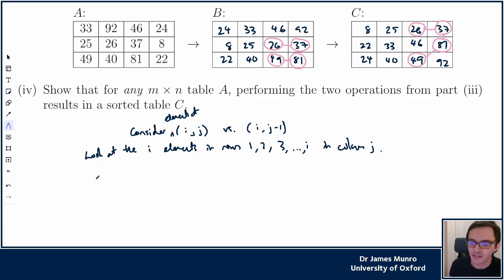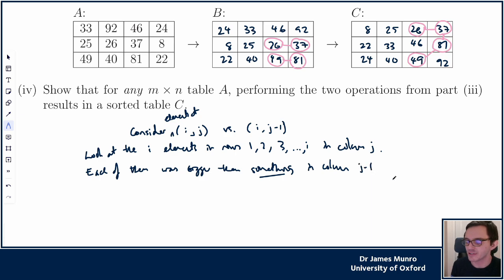Those i things, each of them was bigger than something, I'm not sure what, but bigger than something in column j minus 1 back in table B. Back in the days when it was in B, those things were bigger because the rows had just been sorted to make B. So each of them was bigger than something in column j minus 1. Look at those somethings.